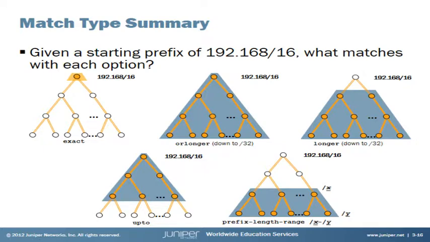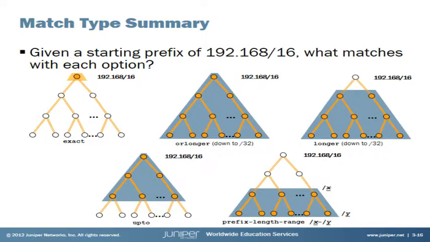So what exactly is this information that I'm matching on? It's route advertisements. These routes are being advertised from other routers into this particular router, and what we're trying to decide is, do I accept or do I not accept those routes into my routing table?